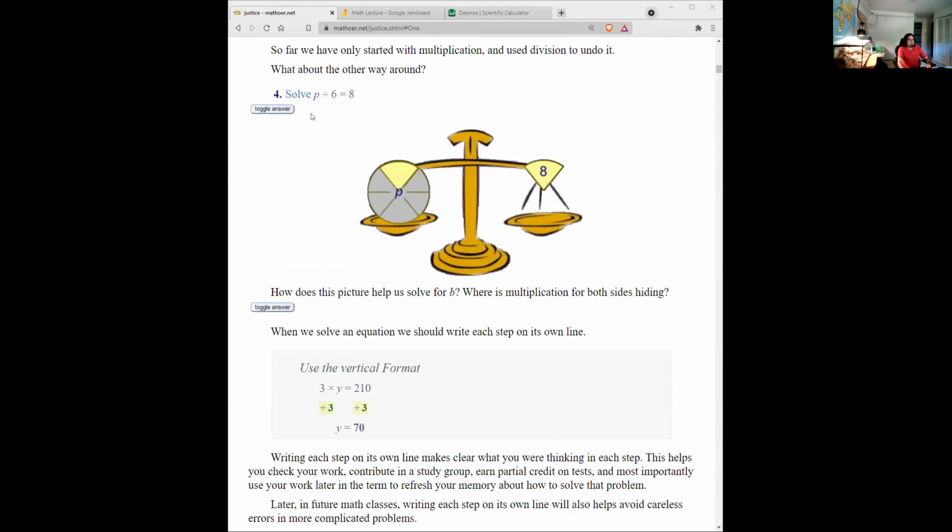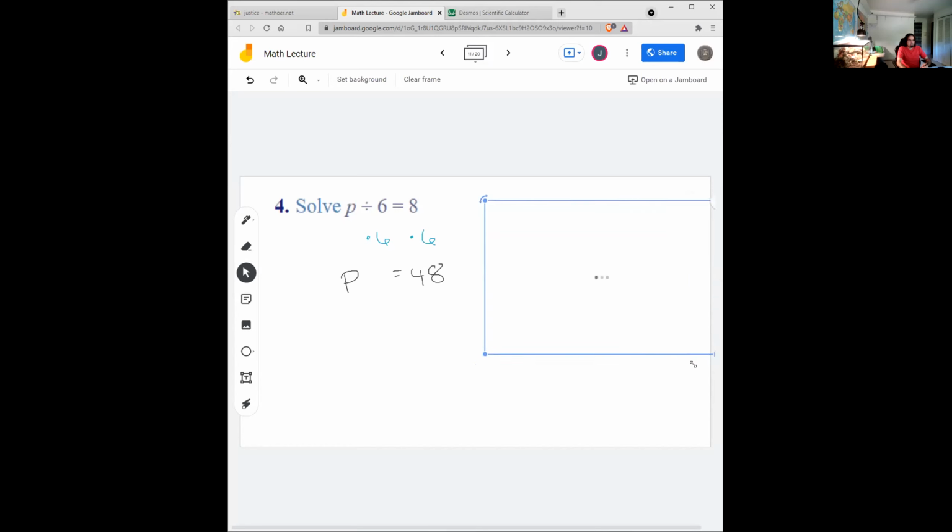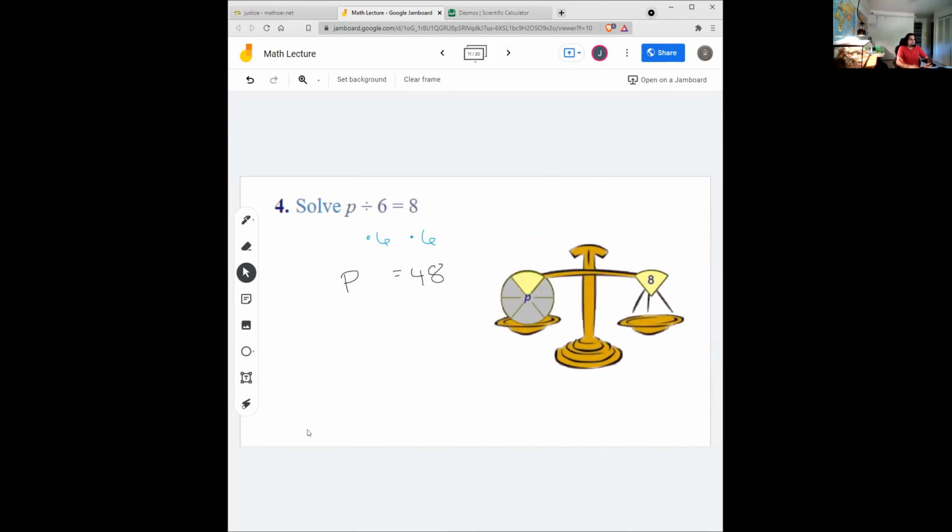If I have my scale, then it's saying that 1/6 of a pizza, there is my 1/6 of a pizza, has whatever, 8 grams, 8 pieces of pepperoni on it. I'm not sure what the 8 is counting, but 8 somethings.